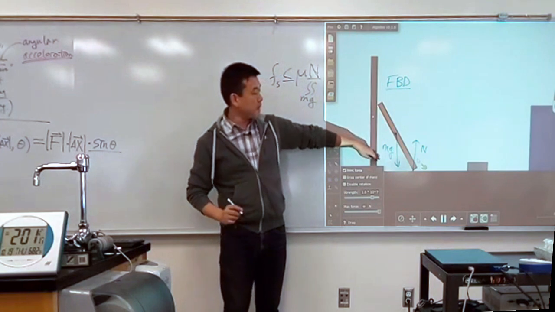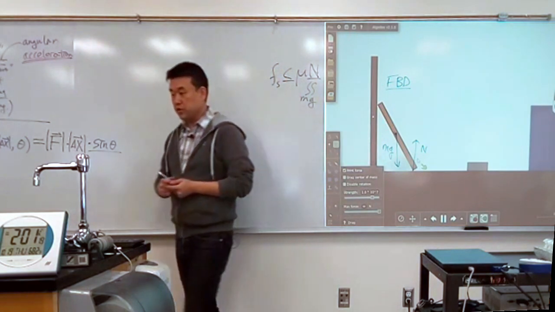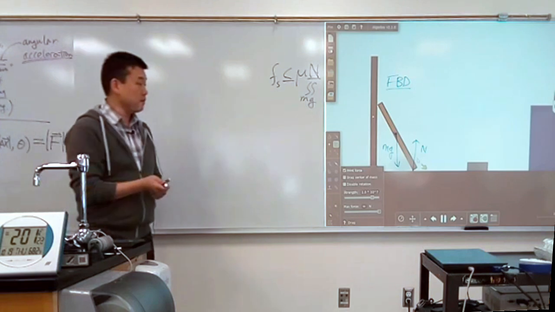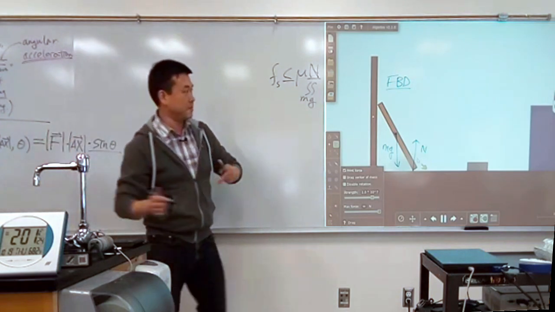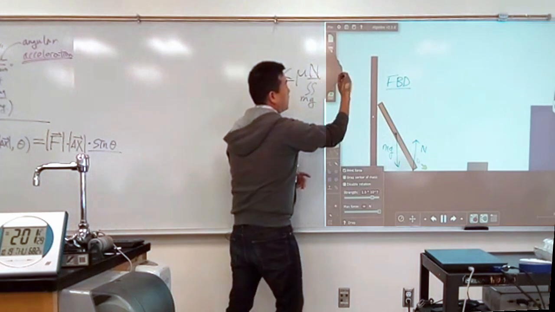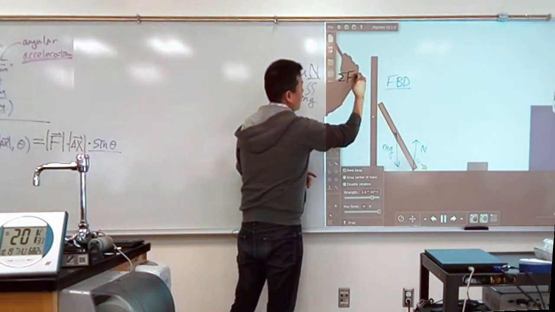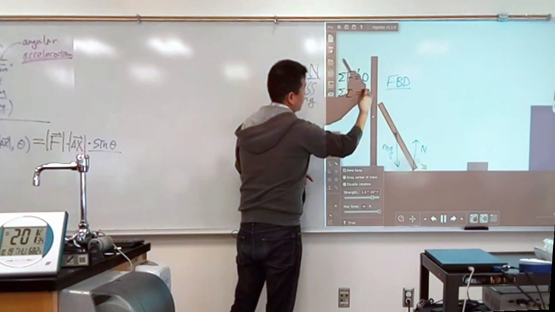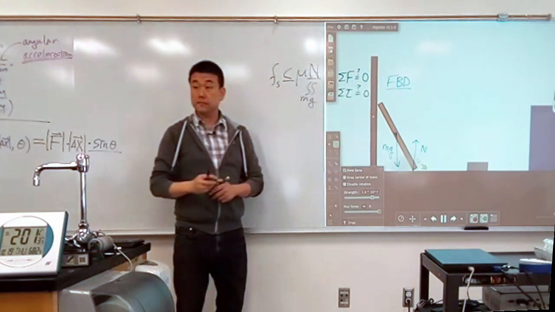Now, as you look at this diagram, you should see that the answer to one question is now different. This is static equilibrium, so the question that we continue to ask is: is net force equal to 0, and is net torque equal to 0?